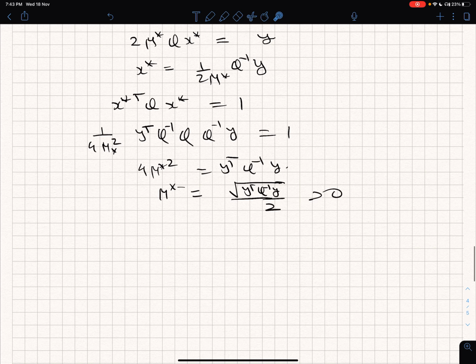Now once you substitute that 2 mu star, what should be substituted for 2 mu star? Under root of y transpose q inverse of y.